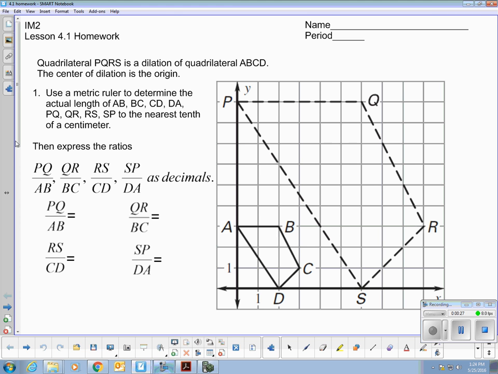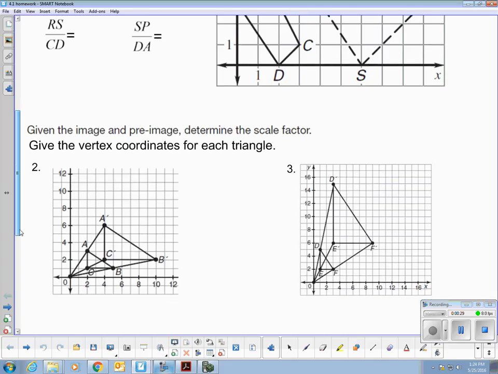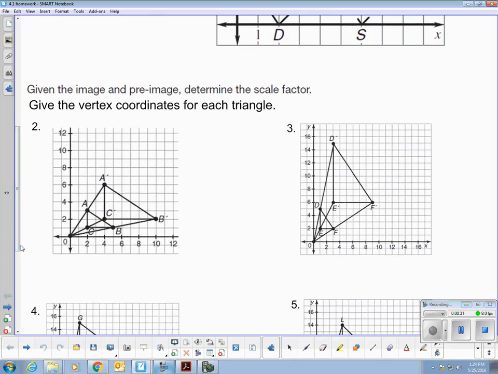So if we take a look at number 2, it gives an image, and it gives a pre-image, and it asks for the scale factor. The way that I can tell the difference between the two is the figure that has the pre-image is the original.